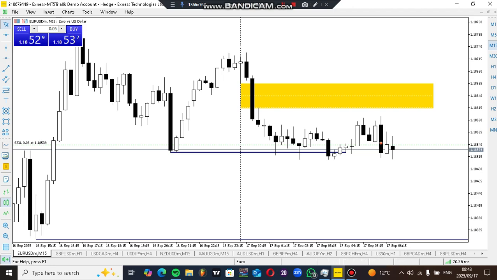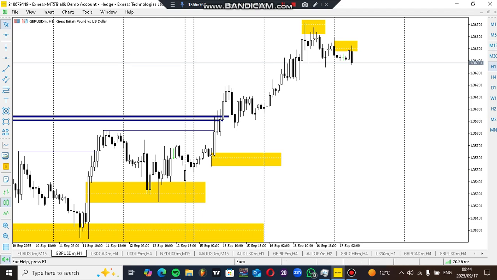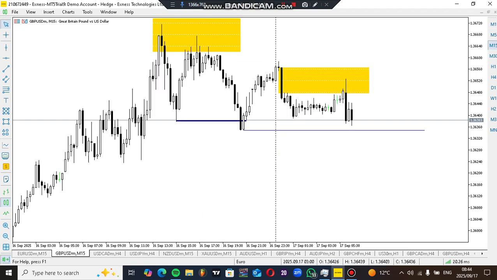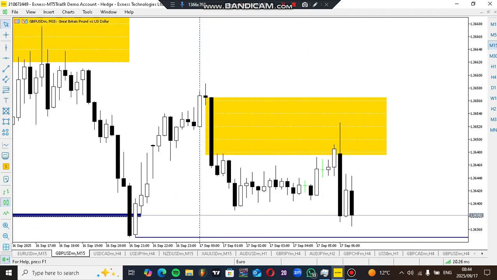But right now we are in profit, as you can see. But like I said, it's going to be a slow burn to the downside. It'll probably take a day or two. But as you can see on GBP, the market is doing the same thing, dropping into those areas on the M15. I couldn't take this one because I was kind of late.